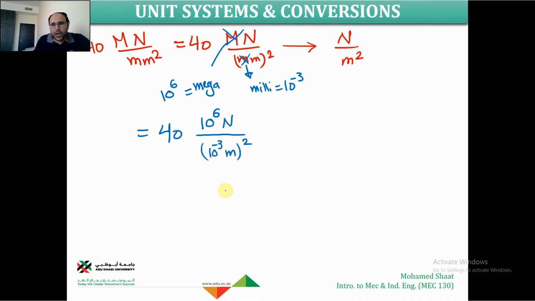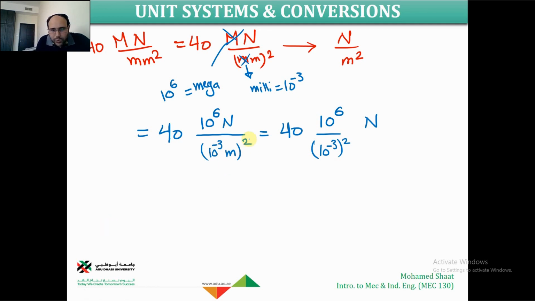Make sense? So, we can for example do more calculations here, simplification. So we're going to have the 40, 10 to the power 6, and I'm going to have the N on the side. This should be on the top. In the denominator, I should have the 10 to the negative 3 squared. Right? I'm just distributing this square over these two terms. That is fine. This is what we knew from mathematics.